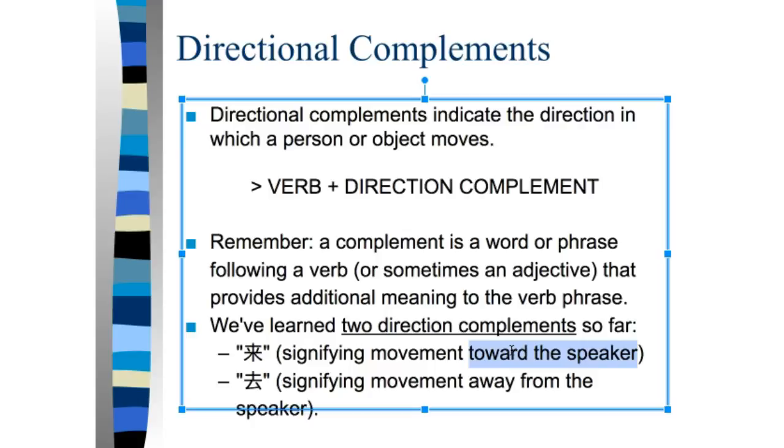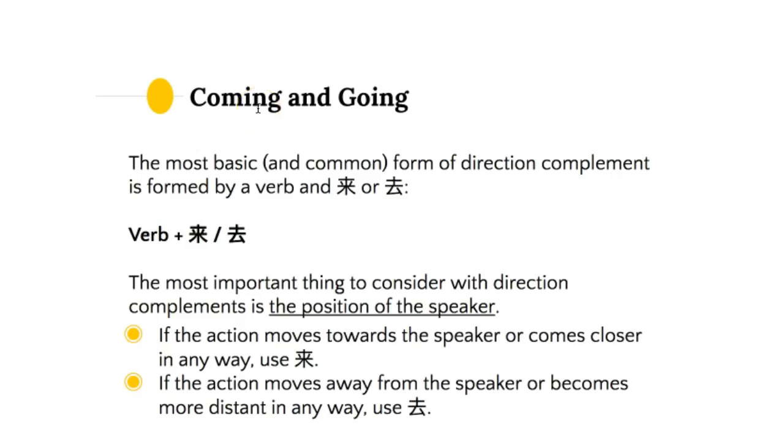You can translate it as here. And qu signifies movement away from the speaker. You can translate it as go. Coming and going. The important aspect that the direction complement is indicating is whether you're moving closer to or away from the speaker. So the important thing to consider is the position of the speaker.